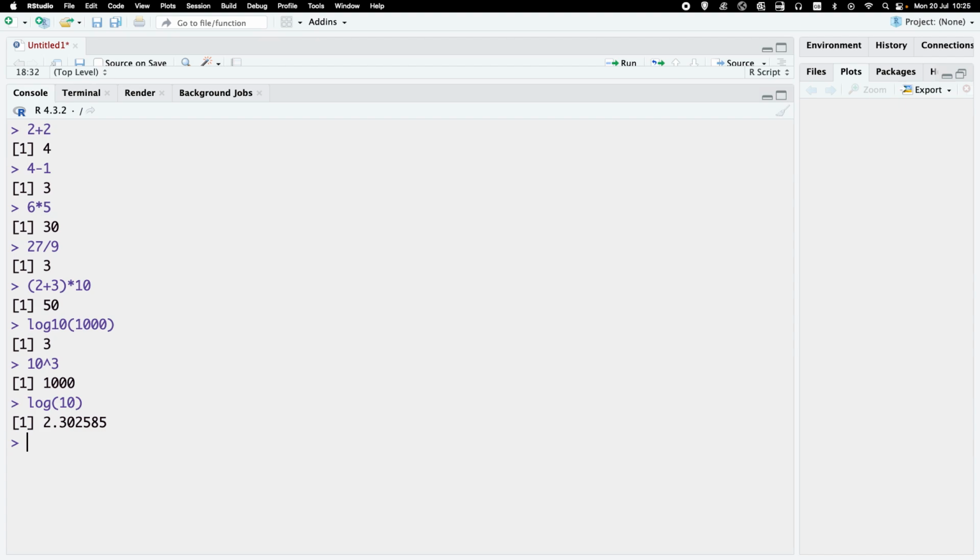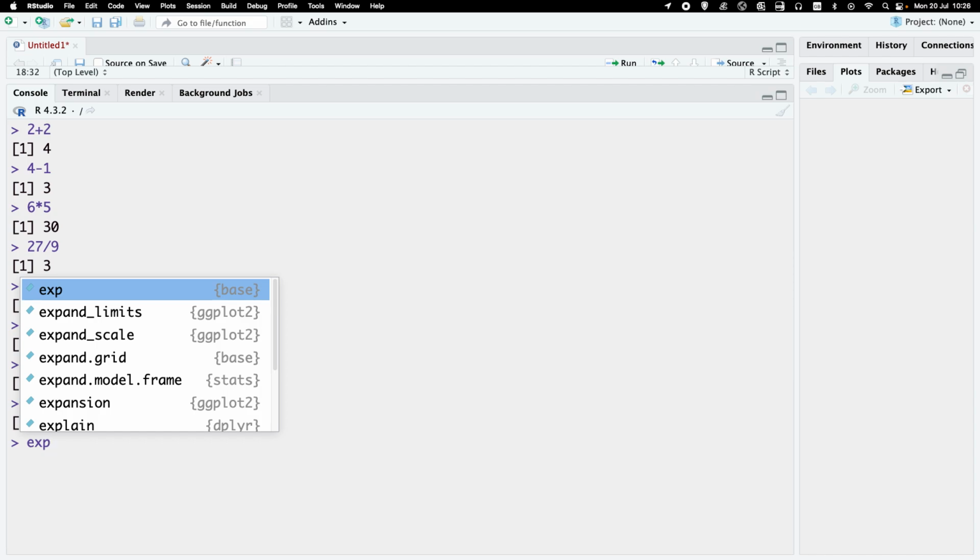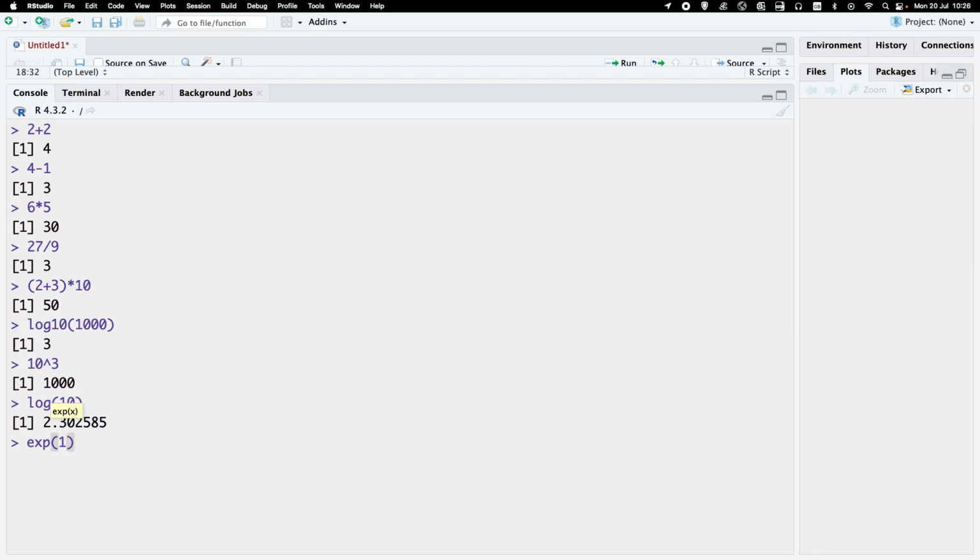And if we want to do the inverse operation of the logarithm, the exponent, we would do exp of, let's say, 1. So that means e to the power of 1. And we get 2.718. So we can also calculate square roots.